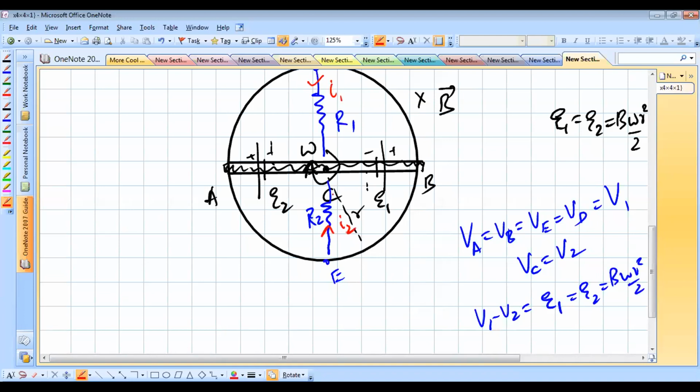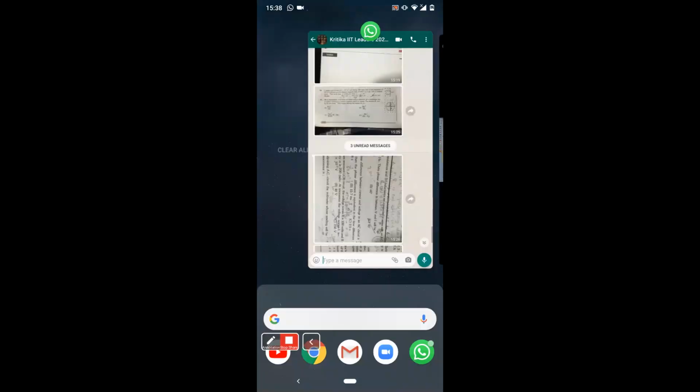Sure, so the answer is C, no? According to that, the current should just be this EMF divided by the resistance. But in the last page, the answer is given as option A. That can't be, no? Okay, let me just check.